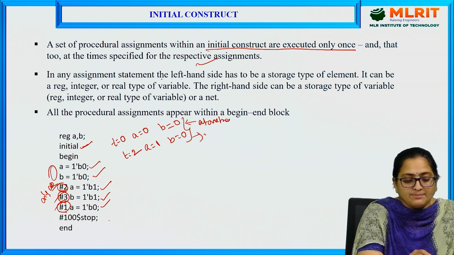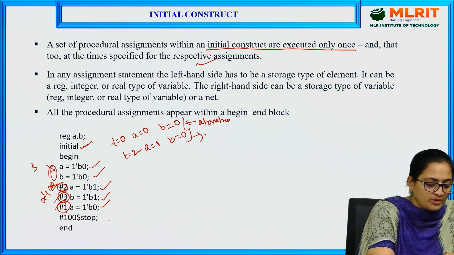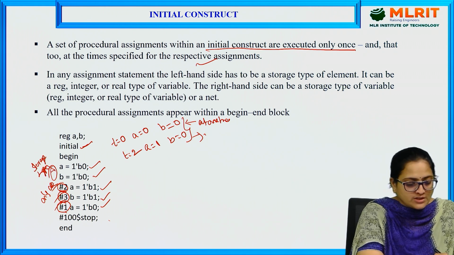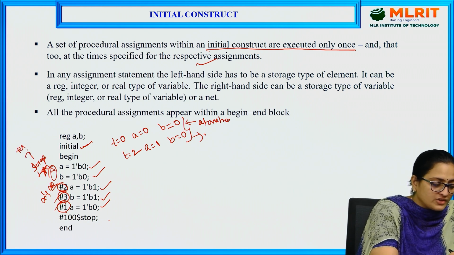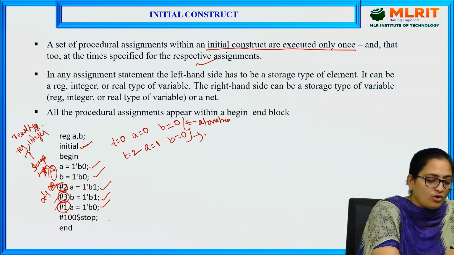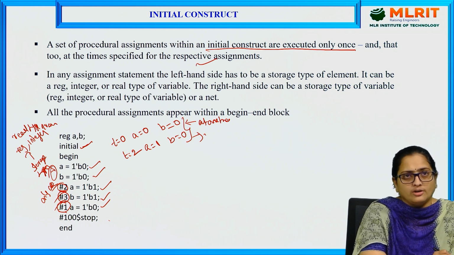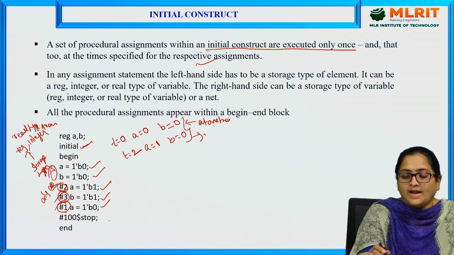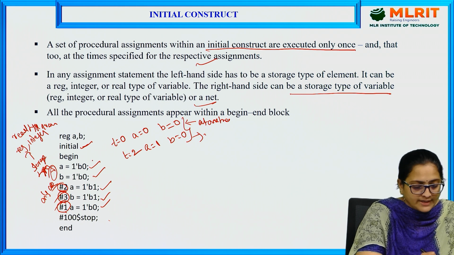In any assignment statement, the left side has to be a storage type. The left hand side should be a storage type. It can be a register, or it can be an integer, or it may be a real type of variable. And the right hand side can be a storage type of variable or a net.